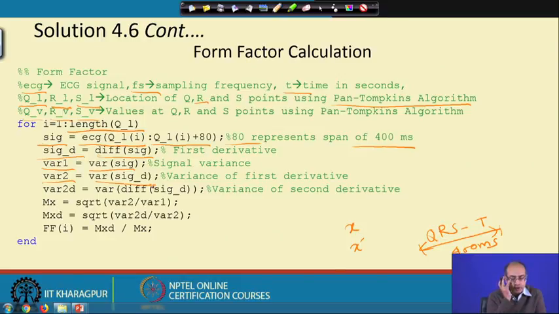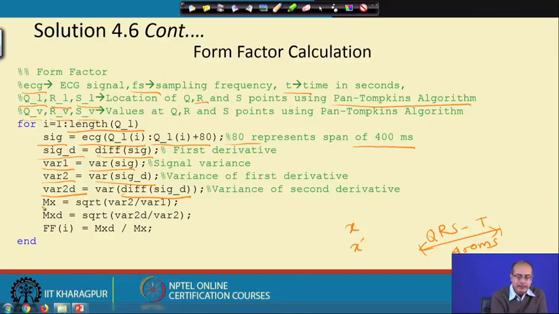Now, to form the form factor we need the double derivative. So, we are taking the derivative of the first derivative, and then we are computing the variance of that. Okay. Next, what we are doing?